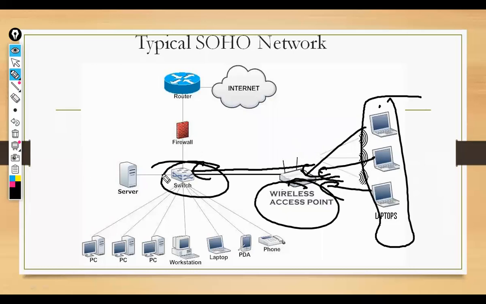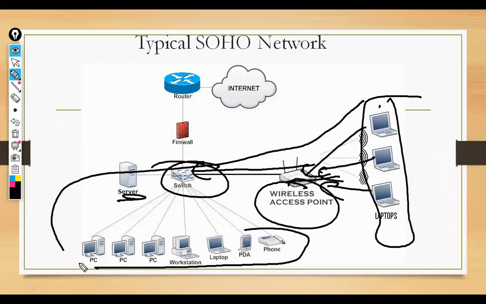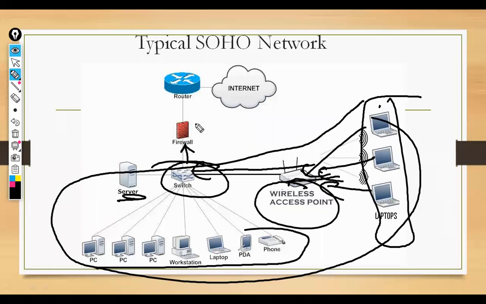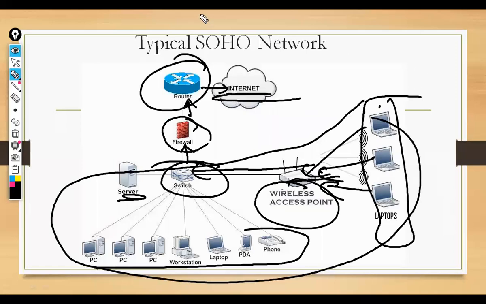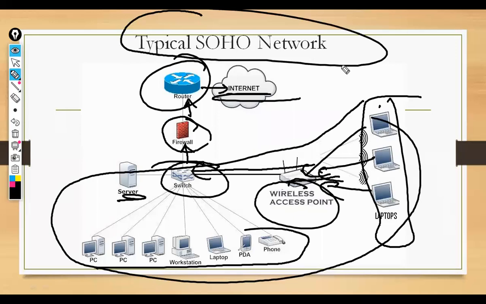Clear? So these machines, including the server, PCs, or whatever it is, are all connected. Then we connect it to the firewall, then to the router. From the router, it is then sent to the internet. So this is the typical structure of the SOHO network.